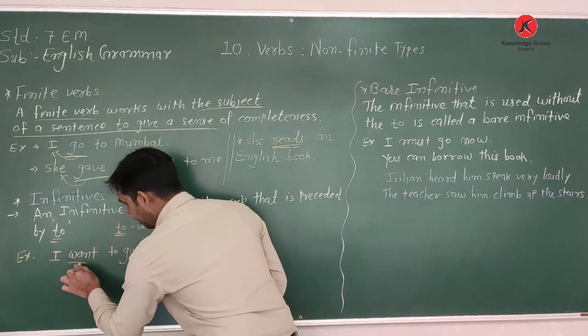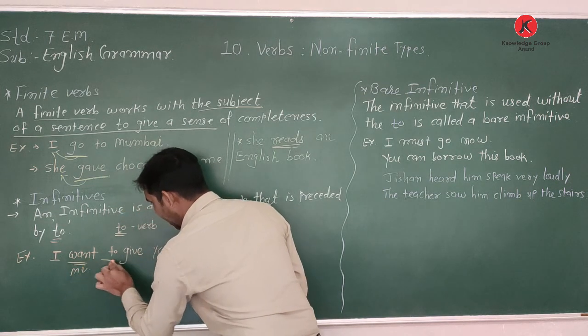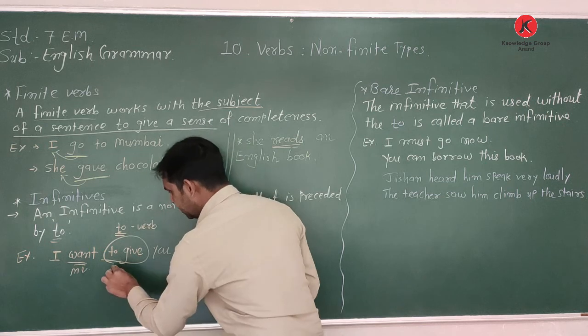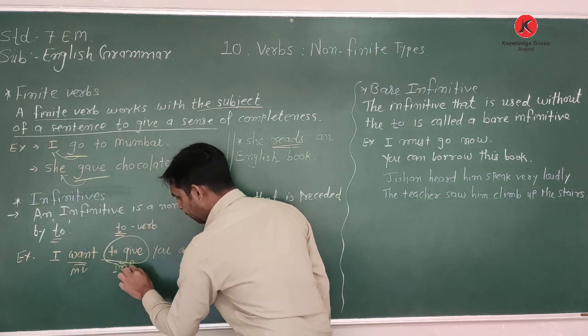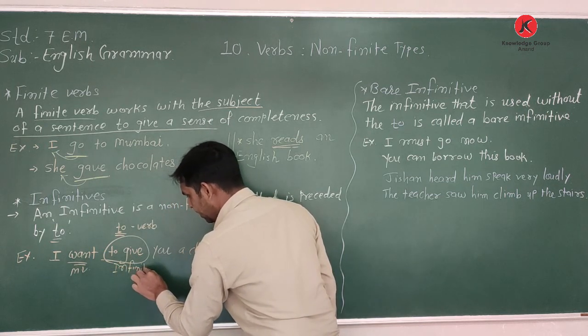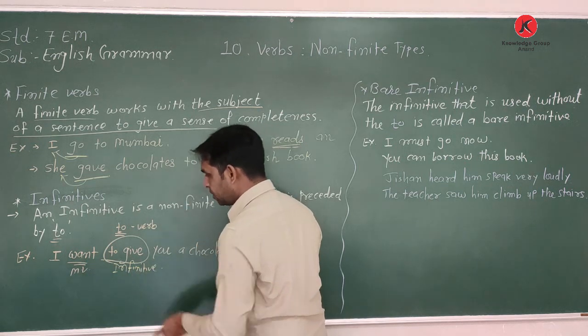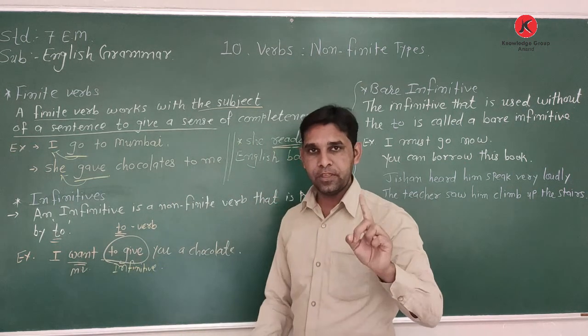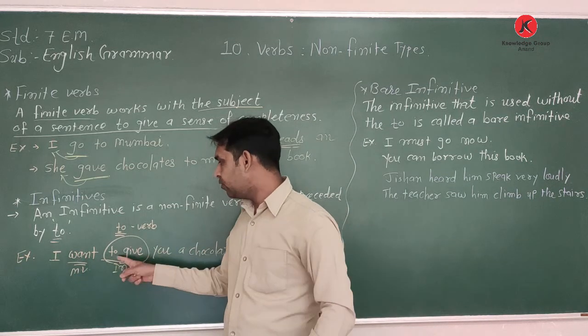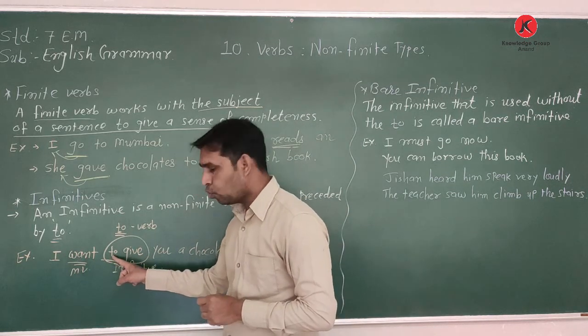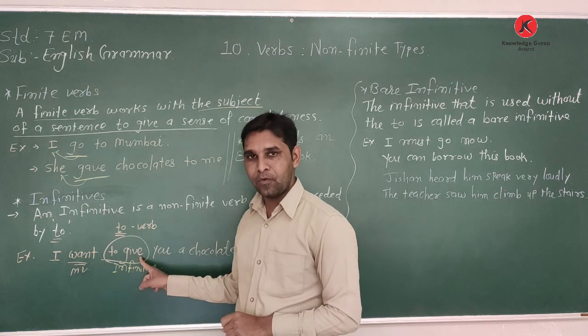So here want is the main word. After that, to give is the infinitive, or non-finite verb. Once we use a verb, after that we use to and then the verb.